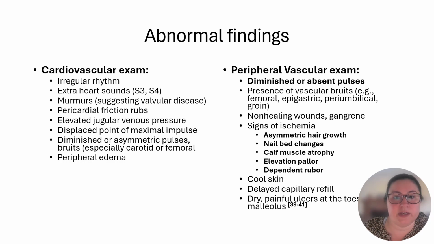In the peripheral vascular exam, findings such as diminished or absent pulses, vascular bruits, non-healing wounds, gangrene, elevation pallor, dependent rubor, and trophic skin changes are highly suggestive of PAD or critical limb ischemia. The ACC and AHA recommend that any abnormal findings should prompt further evaluation, typically with an ABI, to confirm PAD and guide management.